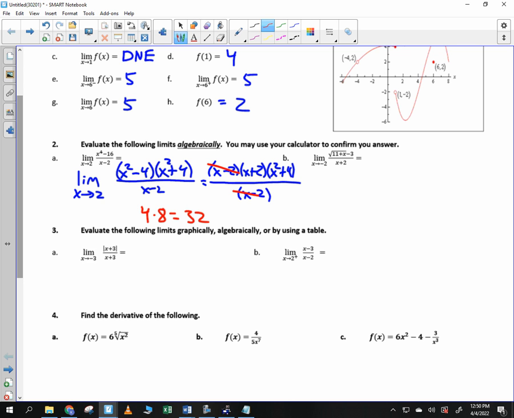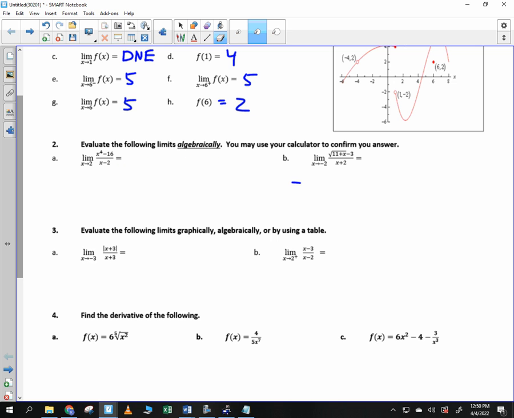What's an easier way to do the problem? Anybody? If you plug in 2, what do you get in the top? 0. If you plug in 2, what do you get in the bottom? 0. And if you get 0 over 0, what can you do to determine a limit?